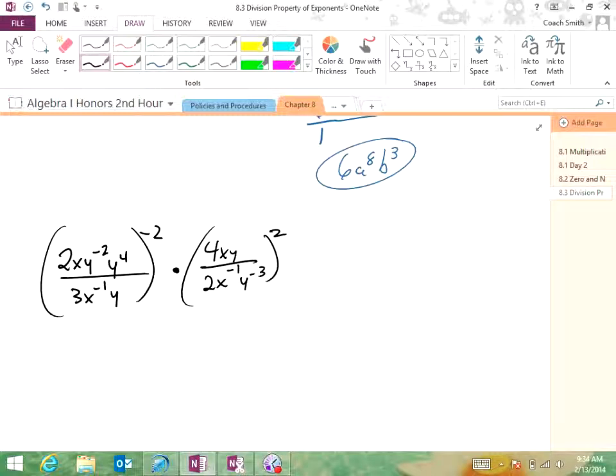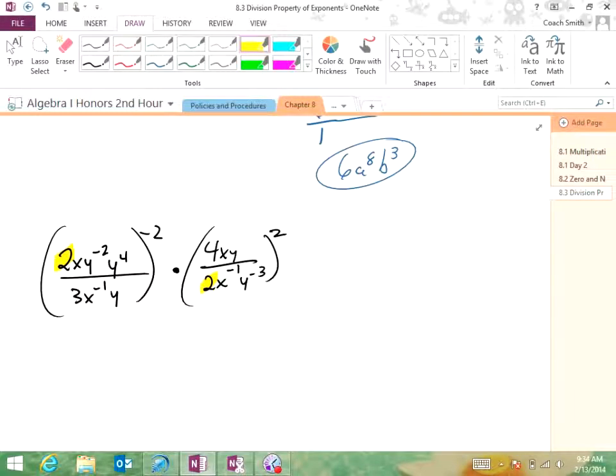Now, when it's more than to the negative 1st power, I don't suggest flipping it. The other thing you need to look at is this. Do these right here cancel each other out? If I flip it, I can still cancel out.